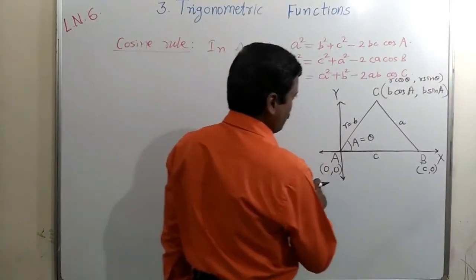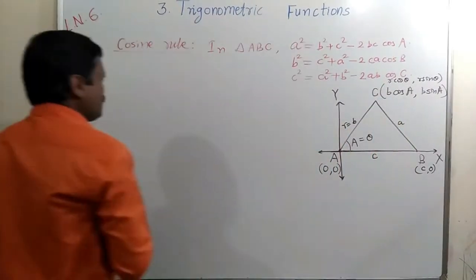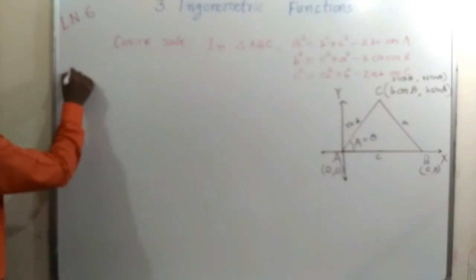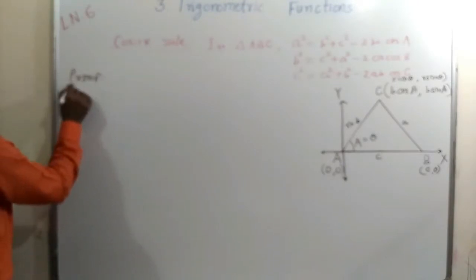Now we know the coordinates of A, B and C. So in this proof, what can we write?